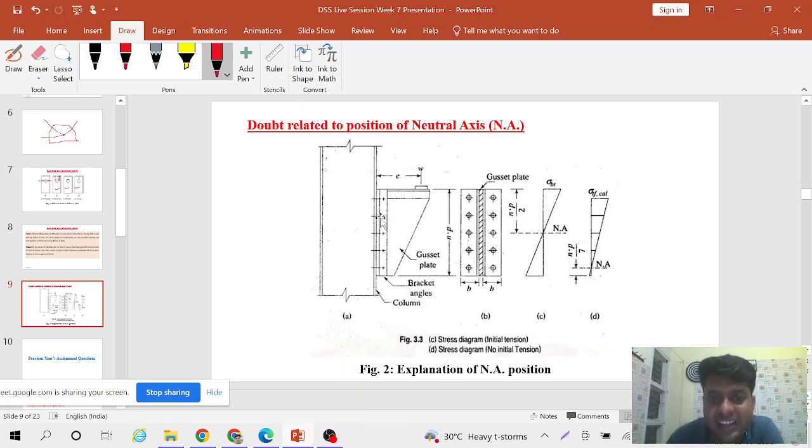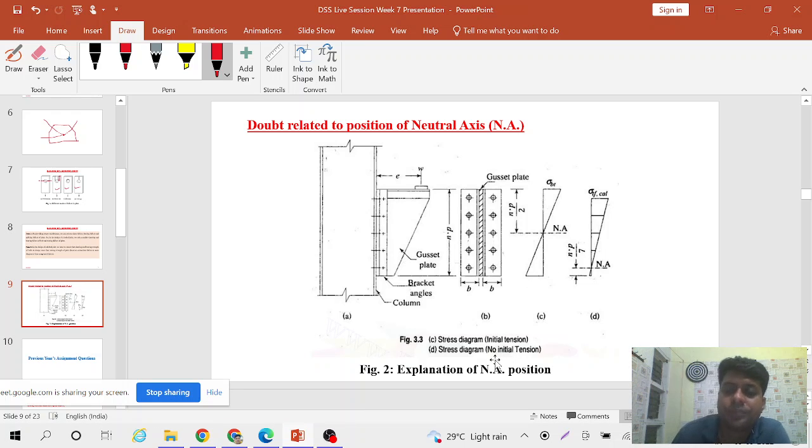So in the case of HSFG bolts, the column flange and the bracket plate will always remain in contact. That is why they take the distribution of stresses like this, shown in figure C. This C is the stress diagram for when bolts are initially tensioned.